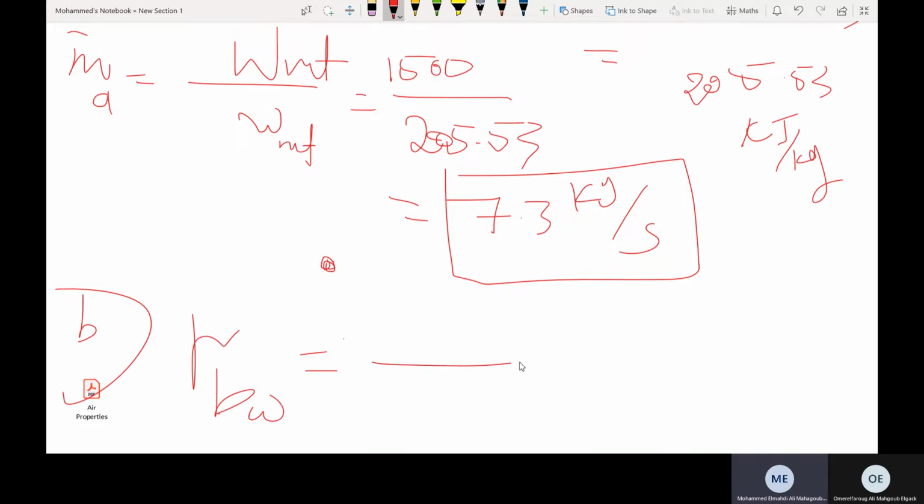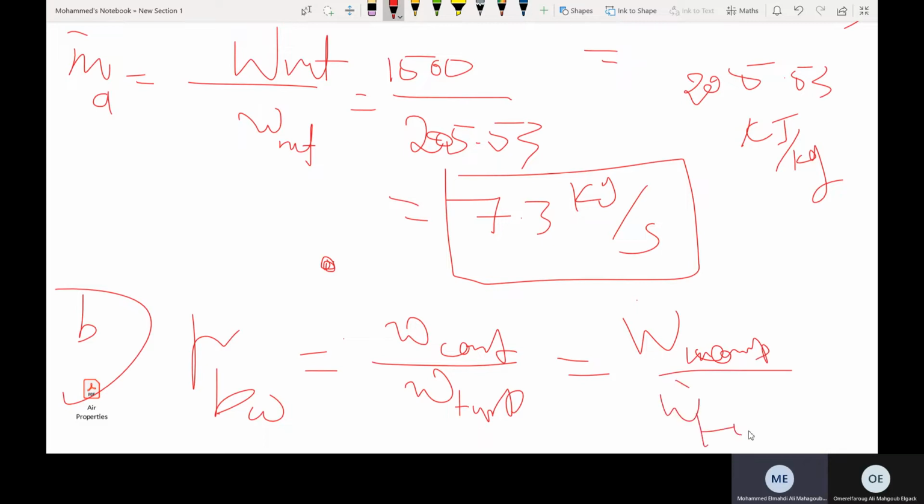The second thing that is asked from us to calculate is the back work ratio. The back work ratio is always the specific work of the compressor over the specific work of the turbine. Or we can use the power of the compressor over the power of the turbine if we have powers.